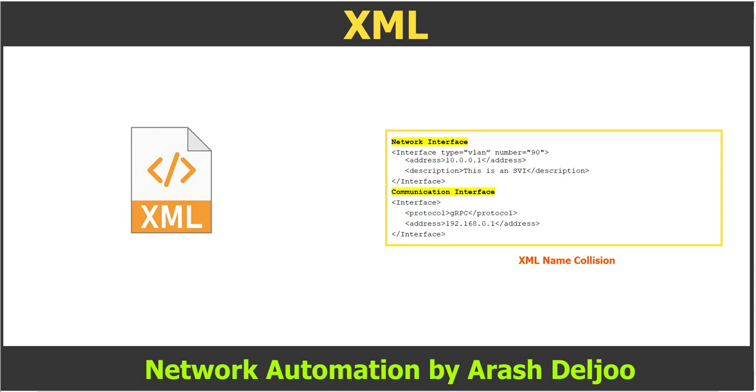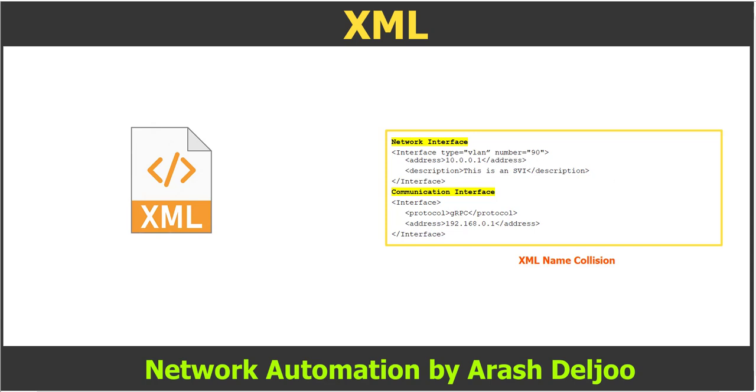As previously mentioned, XML tags are not predefined but authored by the creator of a document. When you combine XML documents from different sources, it is possible for names to collide because they use the same tags to refer to different objects. See this example.